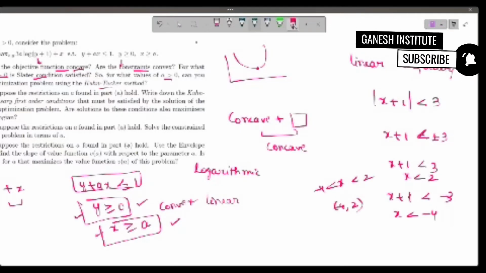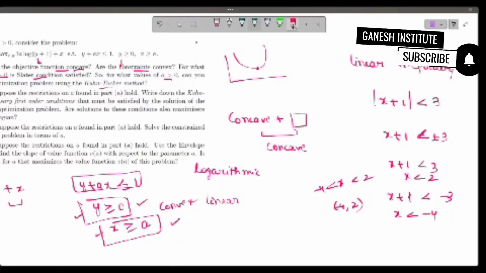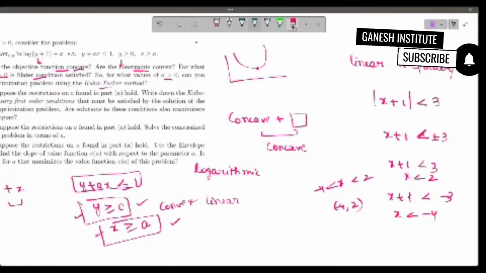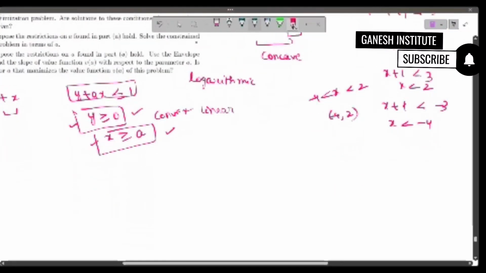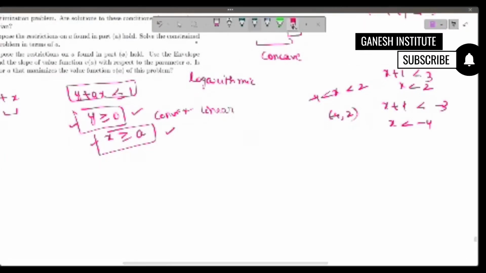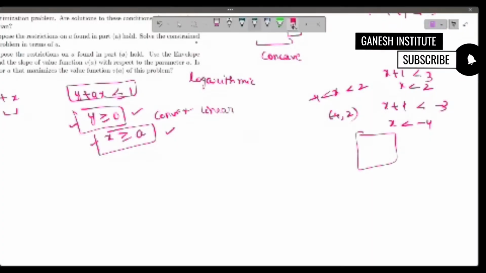So x lies between minus 4 and 2, right? Now tell me one thing. If you have something which is a mix-up of two feasible solutions, that will be enclosed only.